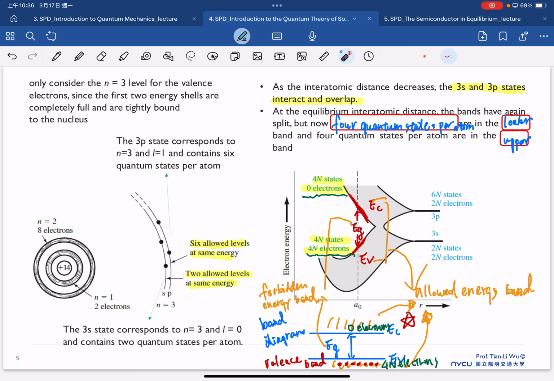So we will talk about the band diagram in detail. But in this slide, I just try to illustrate the origin of the band diagram, how this concept comes about, and why we have the term forbidden band, the term allowed energy band, and why we have the conduction band EC, EV, EG and all these things.